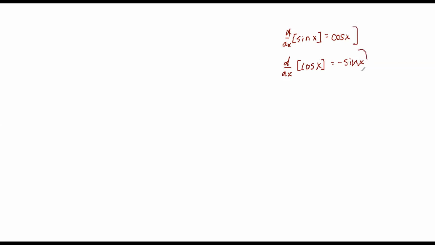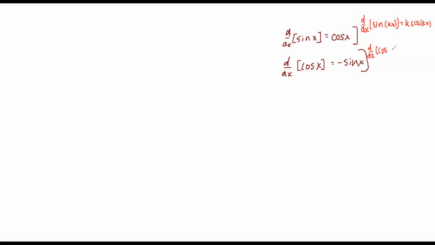But these also cover what if there is a constant in here. So the derivative of sine with a constant is going to be equal to the constant on the outside, the cosine, and then the constant is still on the inside. And it's the same thing here.